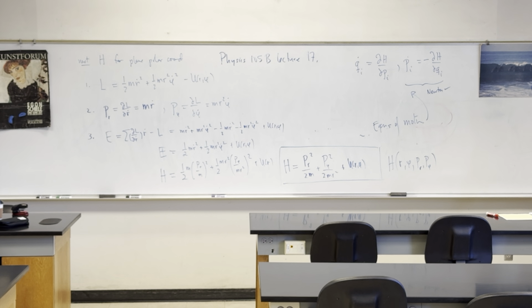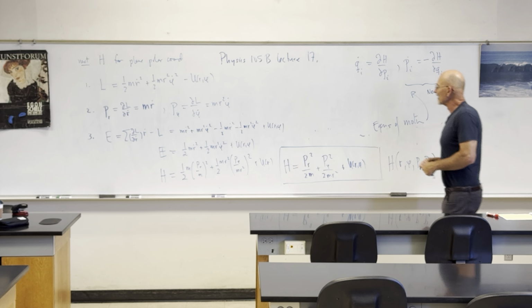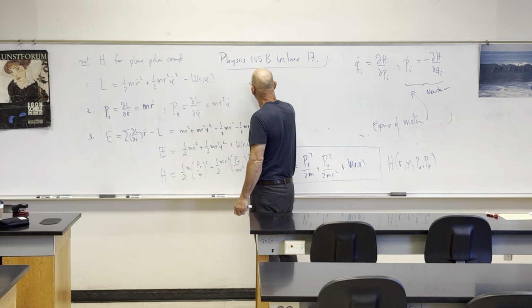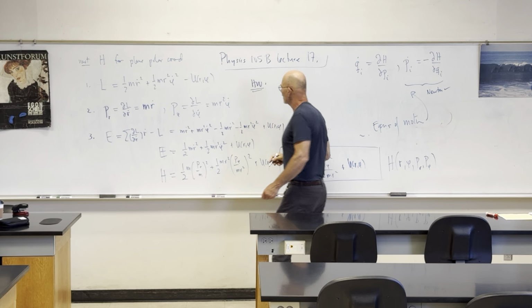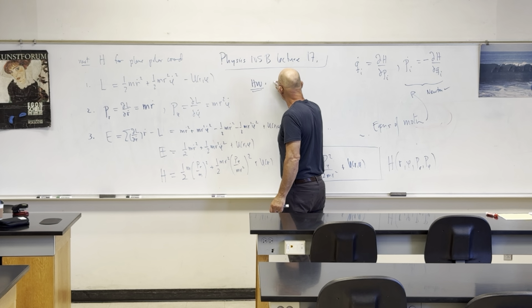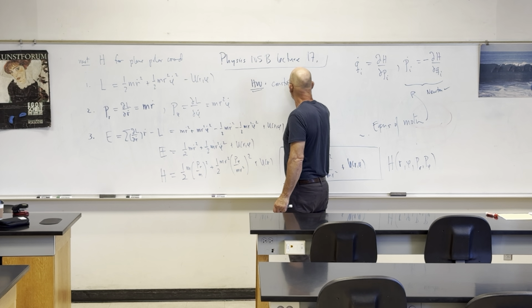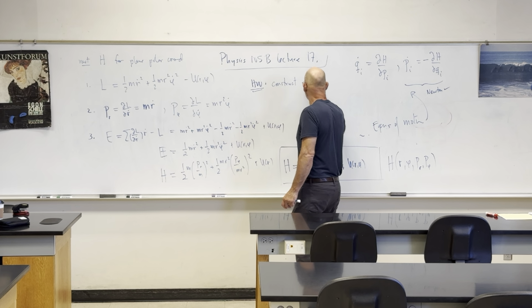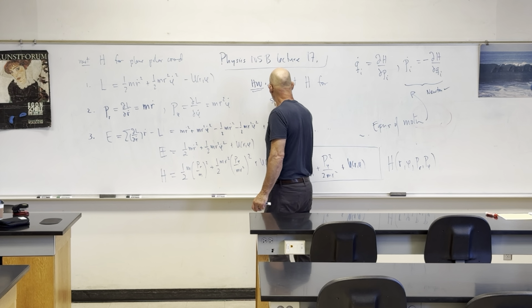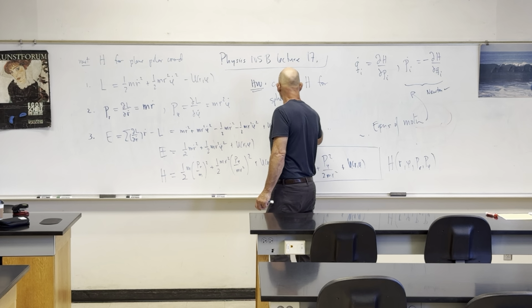But yeah, there's your Hamiltonian. So I'll add as a homework problem. So we have so far the things on the exam: we have construct H for spherical polar coordinates. So we have that there.